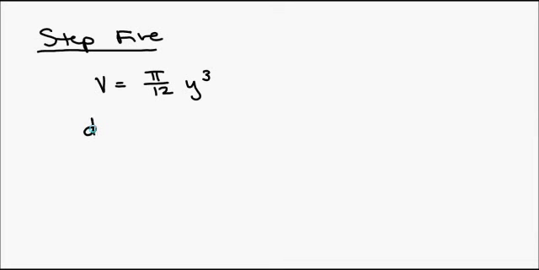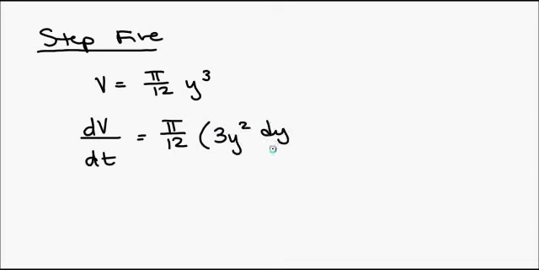The derivative of V with respect to t is dV/dt. Pi over 12 times 3y squared dy/dt, that's the chain rule.